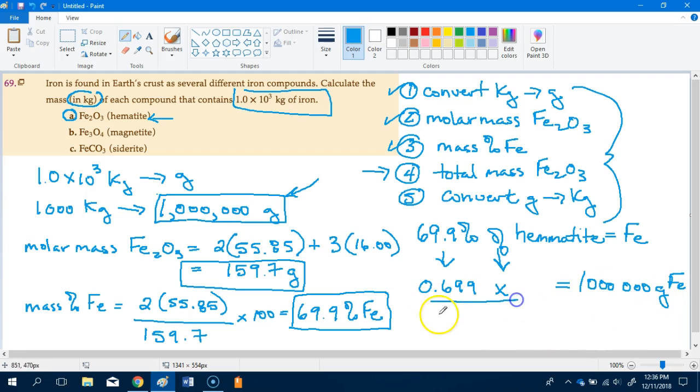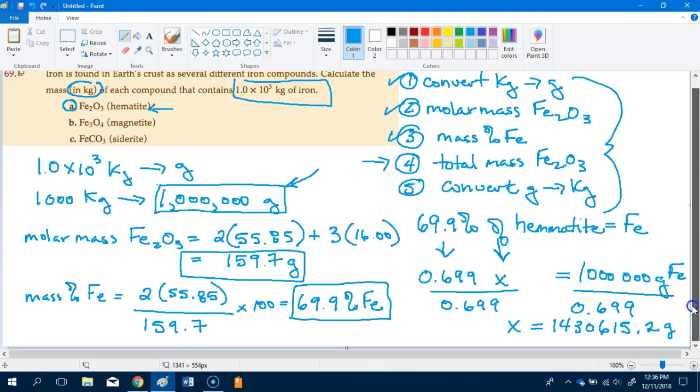And then using algebra, I'm going to divide both sides by 0.699. That's going to leave me with the mass of hematite, and 1 million grams divided by 0.699 gives me 1,430,615.2 grams. And then the last part of this is to convert it to kilograms.